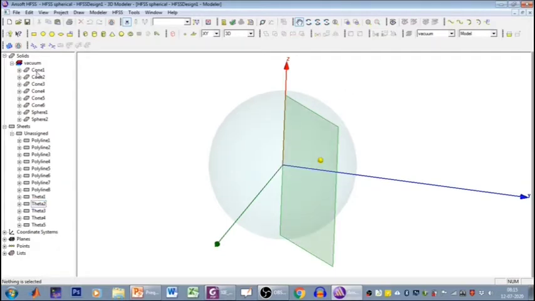So you have cones of different radii. This is some theta. Now what will theta be here? Theta will be the angle made with respect to the z-axis, and this angle can vary.